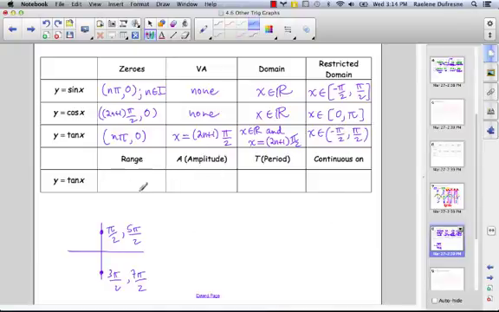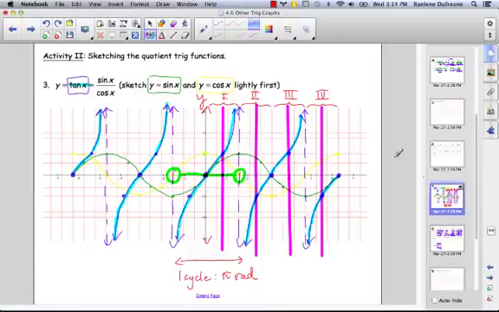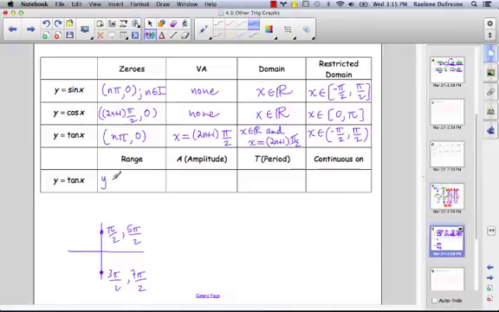The range is the set of y values on the tangent graph that are produced, and because of these arrows we see that y is going to negative infinity and to positive infinity. We can think about why that is from the definition of the tangent function being the opposite over the adjacent.